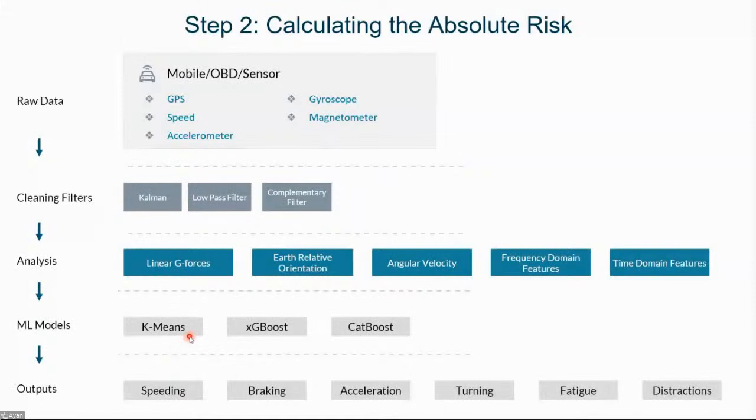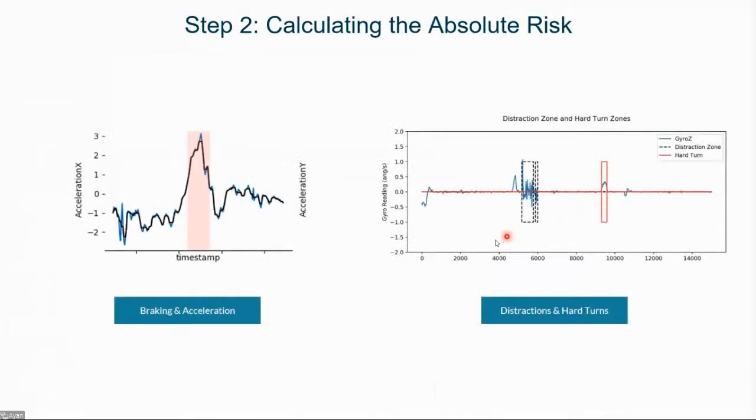So we have models like k-means algorithms, XGBoost, CatBoost, and some other models also, which are used to basically generate the risk with respect to the items like speeding, braking, acceleration, turning, fatigue, and distraction. So at this level, we are able to analyze the driver's absolute risk, and then we will visually look at a few patterns that we observe in the data.